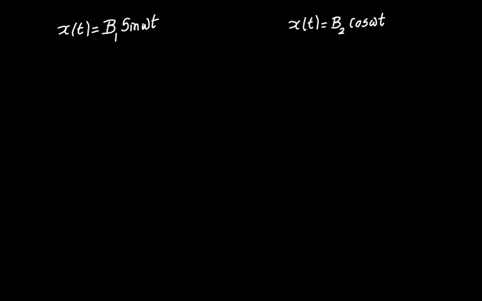Fine. Now, the question here is, if you solve by assuming one of these functions, then you are going to end up with a problem where c becomes 0, which means the damping coefficient becomes 0. So you will be ending up with a problem where the damper doesn't exist.